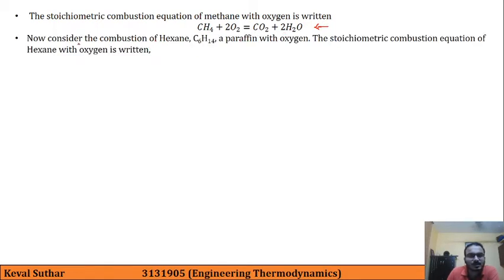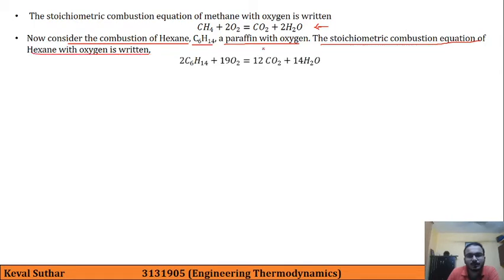Now let us consider the conversion of hexane, that is C6H14, a paraffin, with oxygen. The stoichiometric equation of hexane with oxygen is written in this way. Now this looks like a slightly complicated equation, but you can check by yourself, and it is completely balanced.